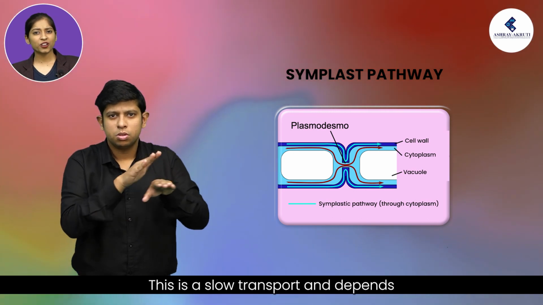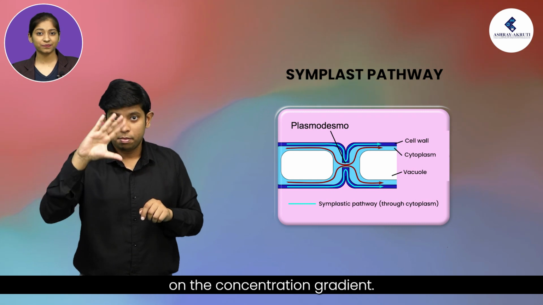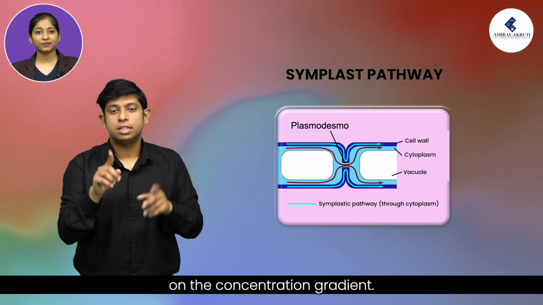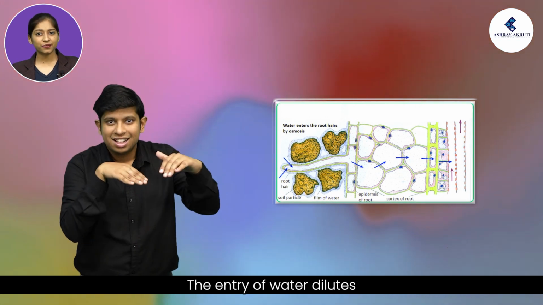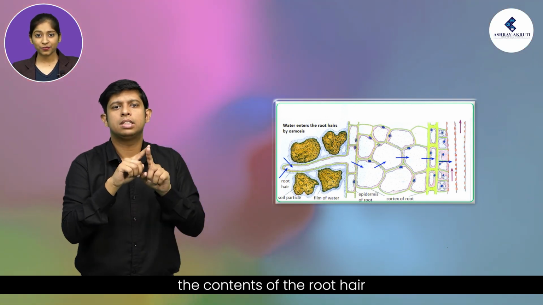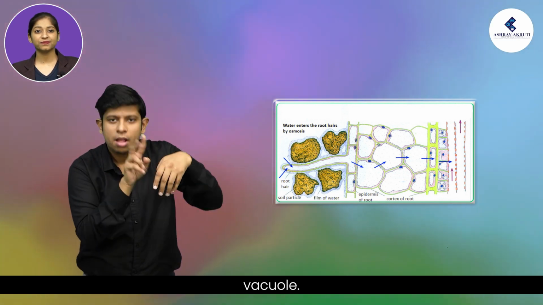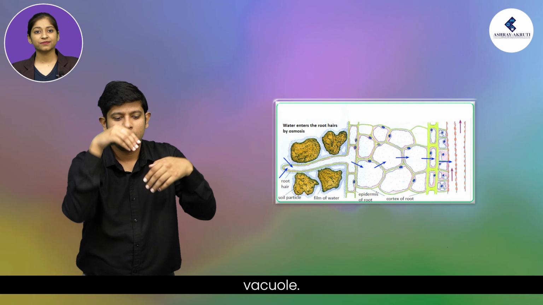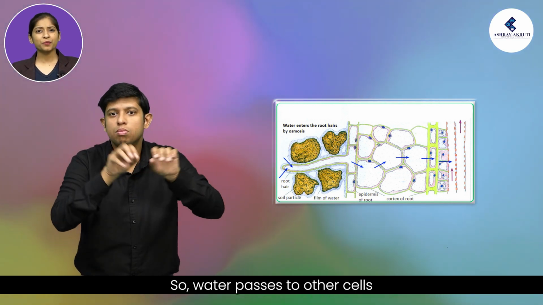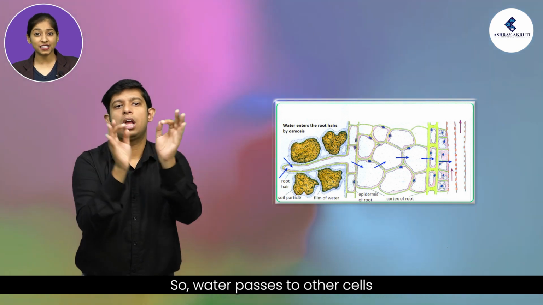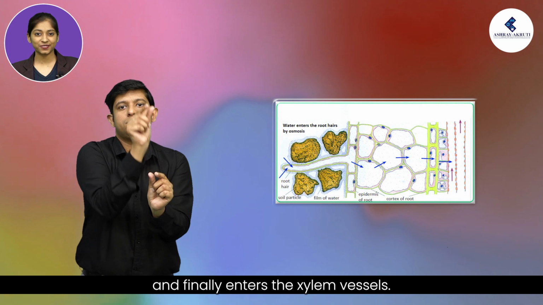This is a slow transport and depends on the concentration gradient. The entry of water dilutes the content of the root hair vacuole. So, water passes through other cells and finally enters the xylem vessels.